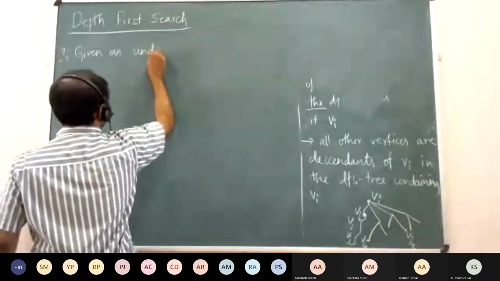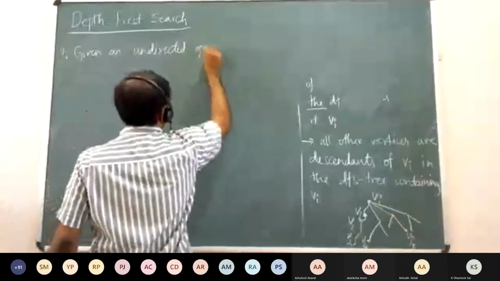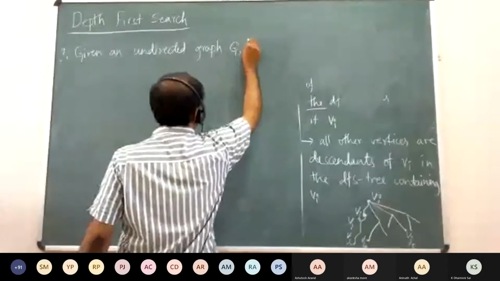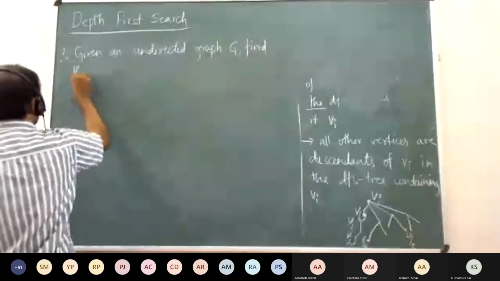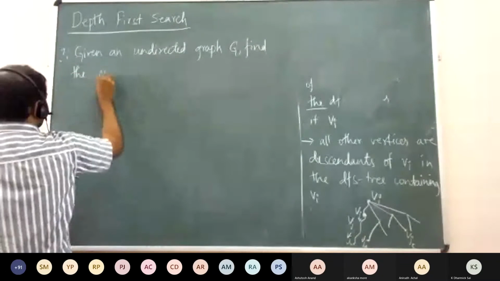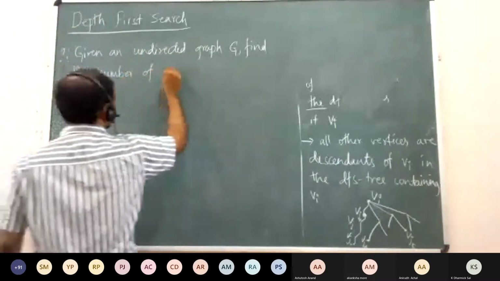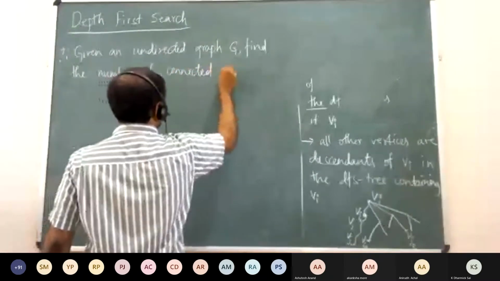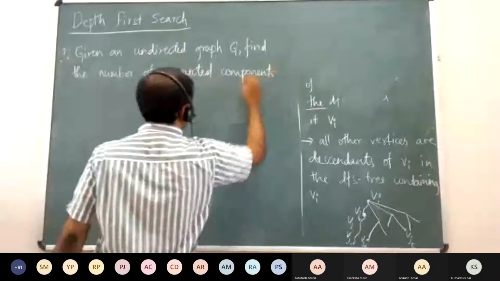Given an, say, undirected graph G, find the number of connected components in G.